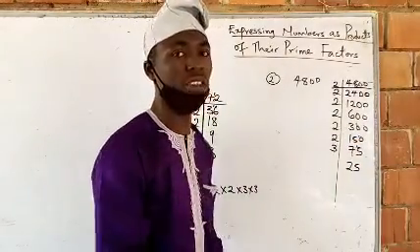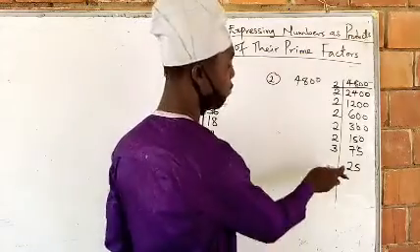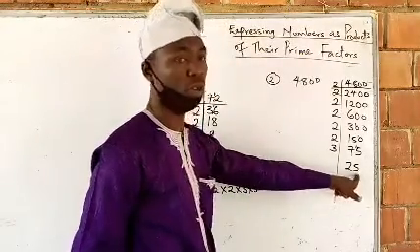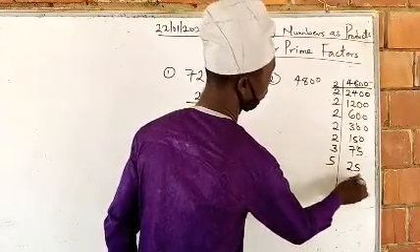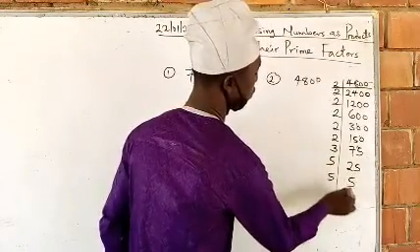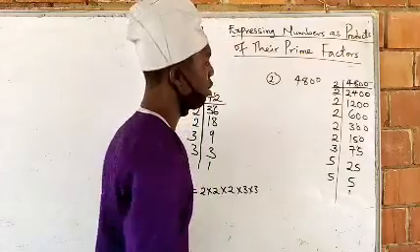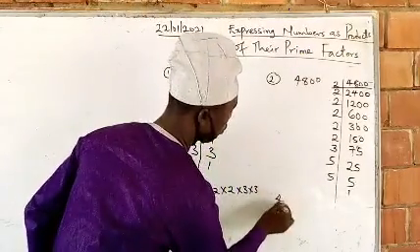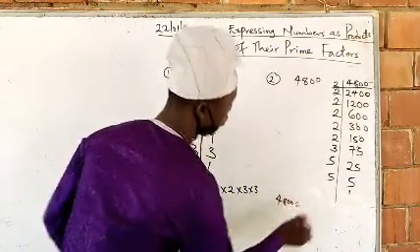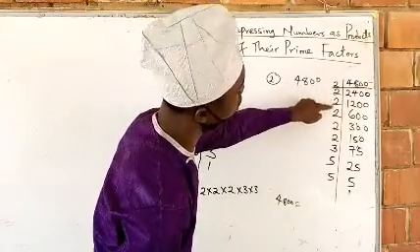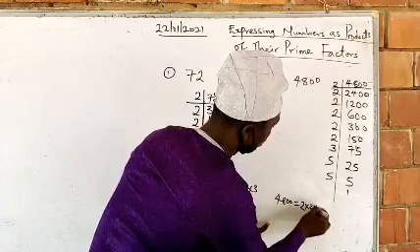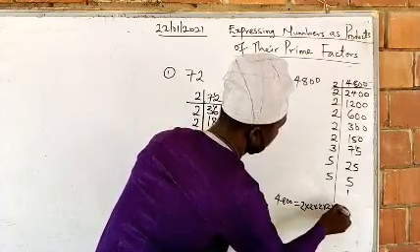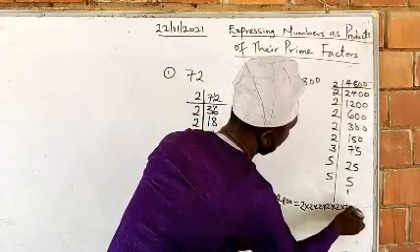So after 3, the next prime number is 5. And 5 is a factor of 25 because the last digit here is 5. So 5 in 25 is 5. 5 again, that is 1. So my 4,800 will be 2 times 2 times 2 times 2 times 2 times 2.